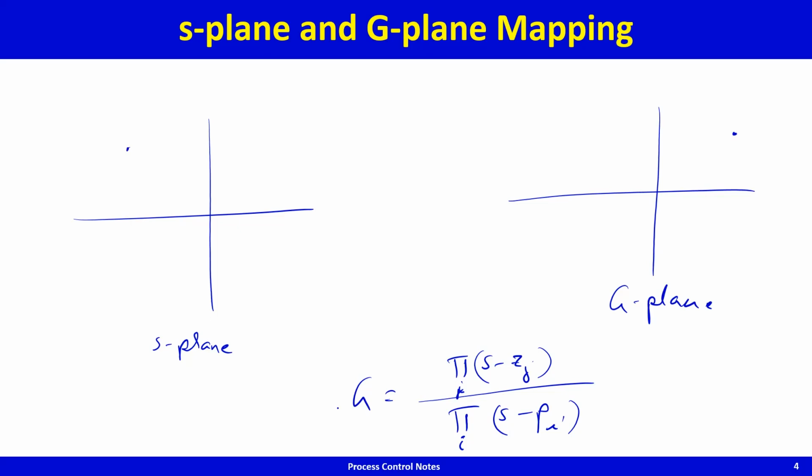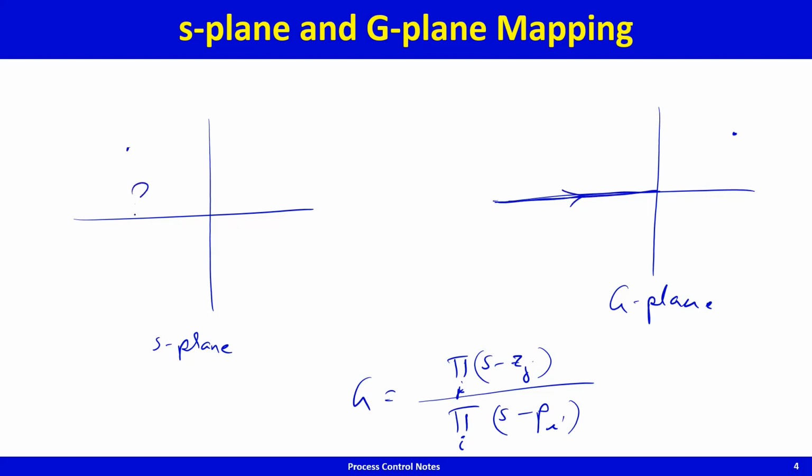For real systems, if S becomes large, G goes to 0. So in other words, what we are looking for are those special values of S for which G moves along the negative real axis.